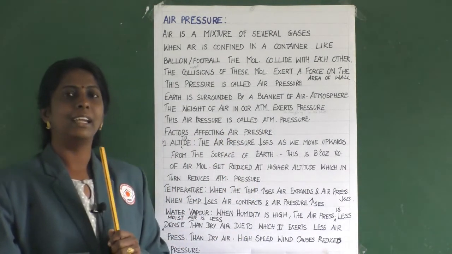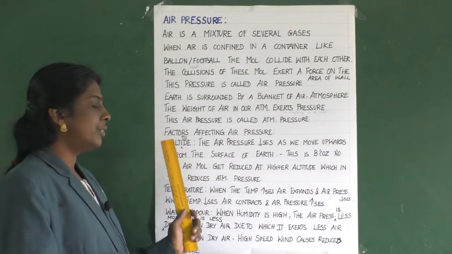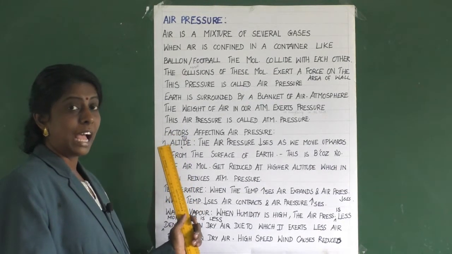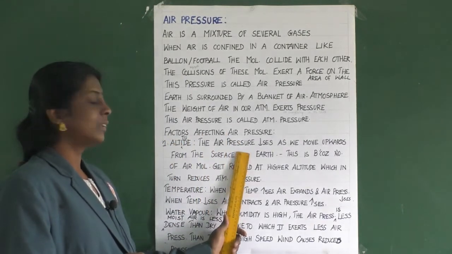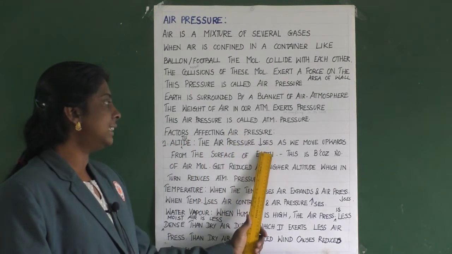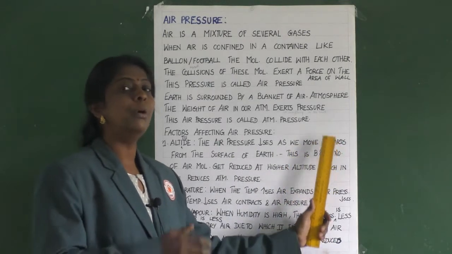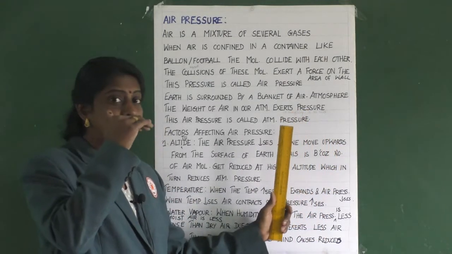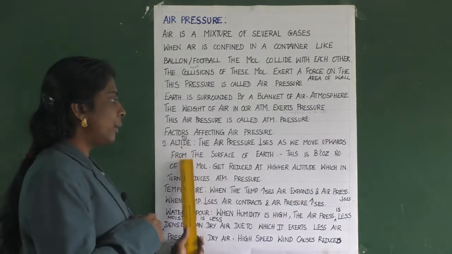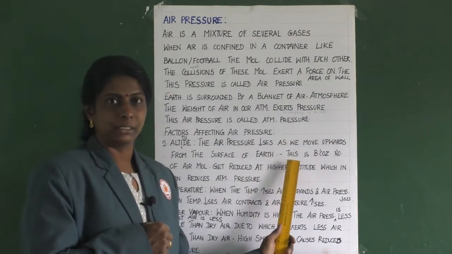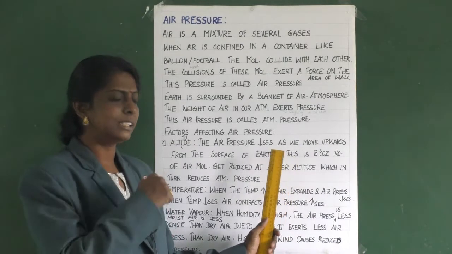Factors affecting air pressure. First, altitude, height. The air pressure decreases as we move upwards from the surface of Earth. Why is it decreasing?